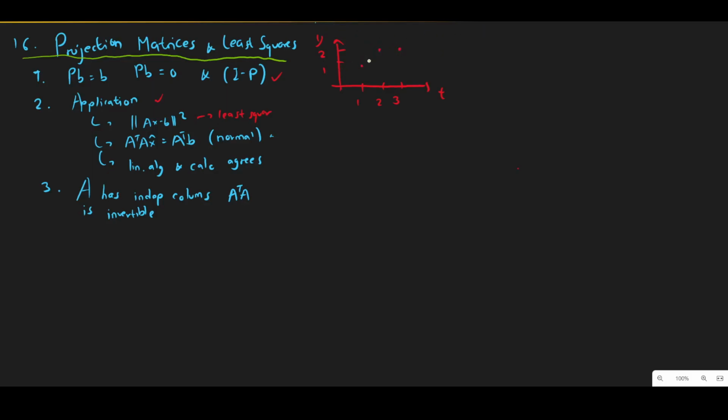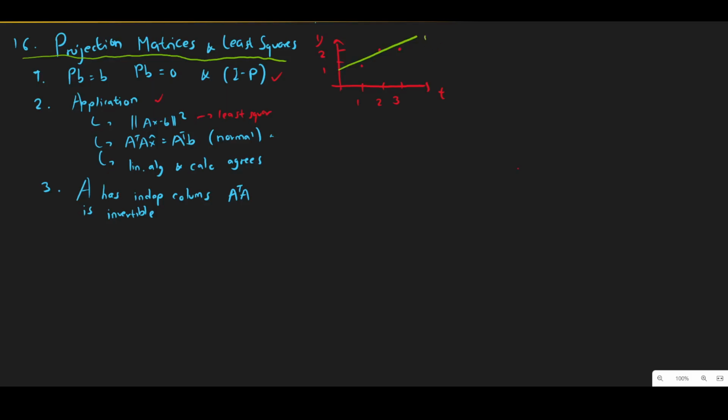The goal is to find some line that fits best among those three equations. It might be this line, it might be this line; there are numerous possible lines, but for illustration purposes, let's stick with this one.